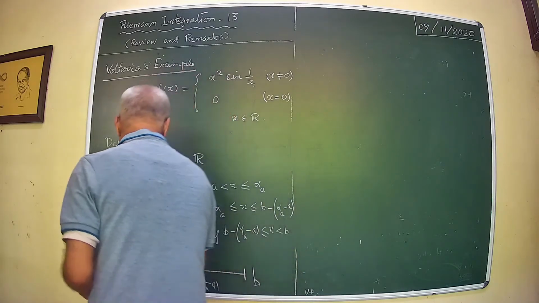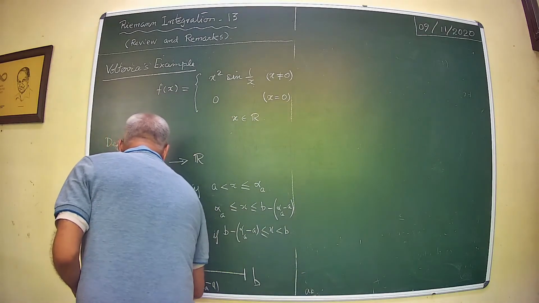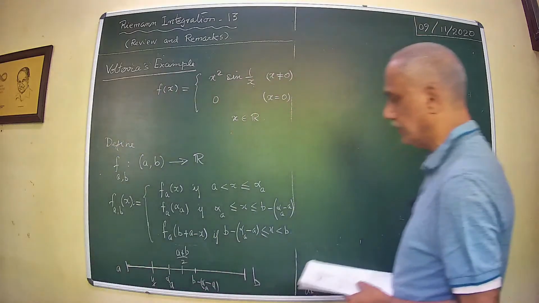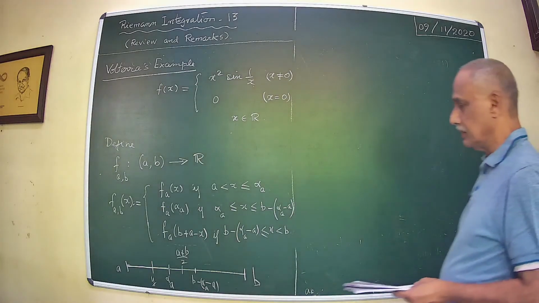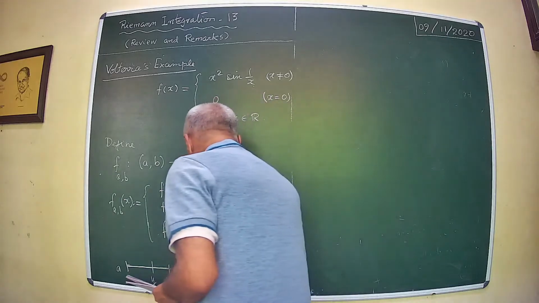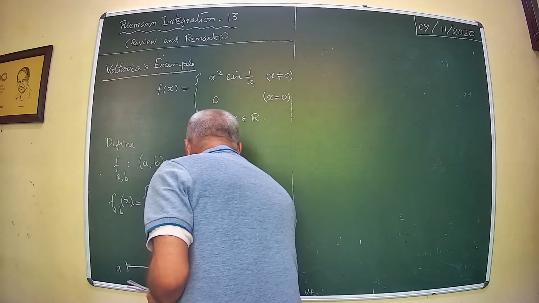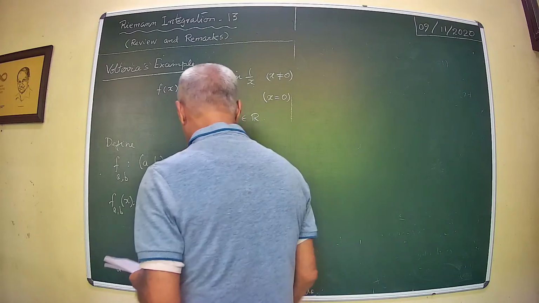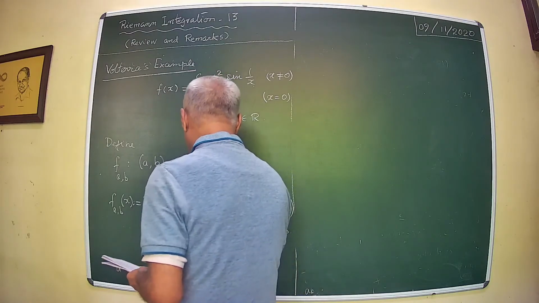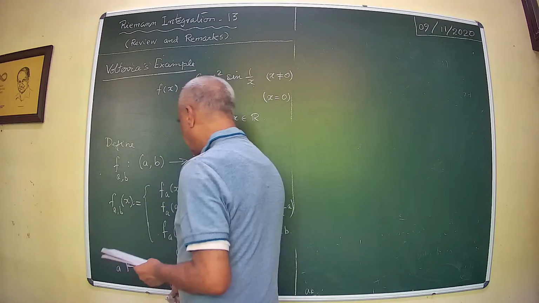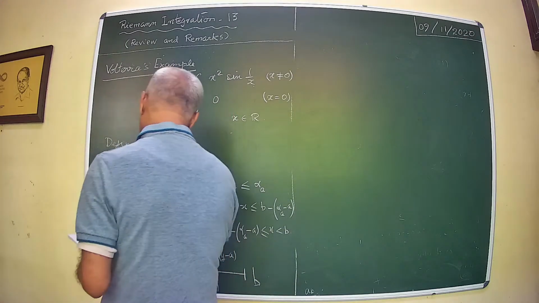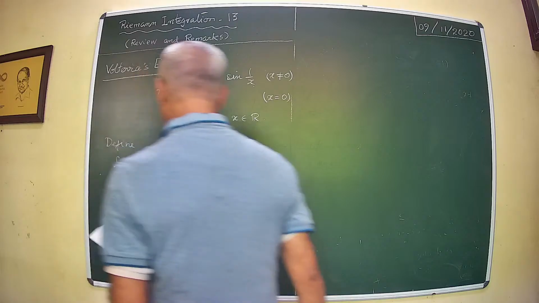Now I just show that if y is some point in between, then you have the corresponding point b minus (y minus a). Okay, so at b minus (y minus a), the function takes the same value as the function takes at y.